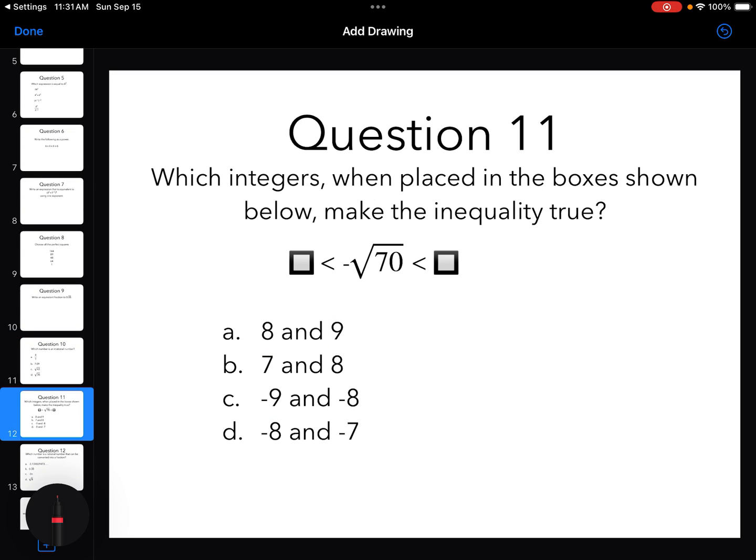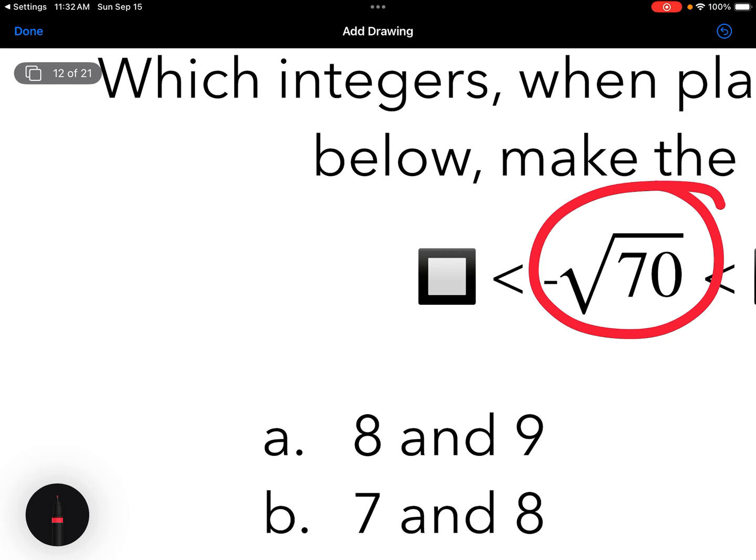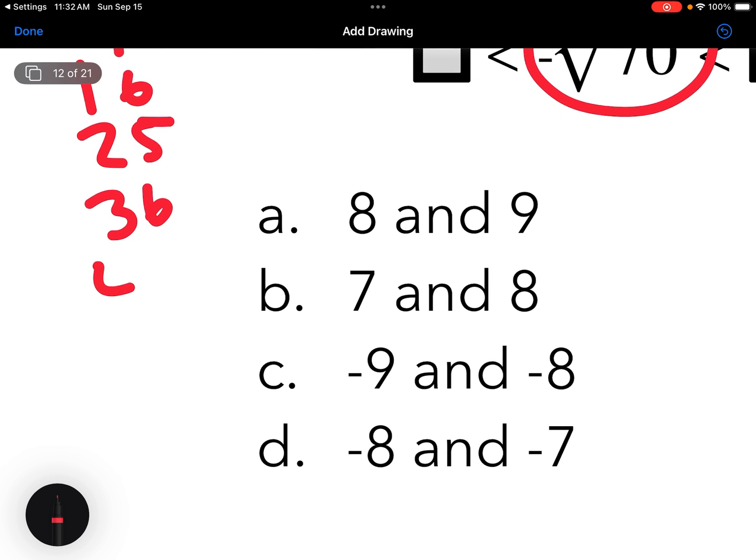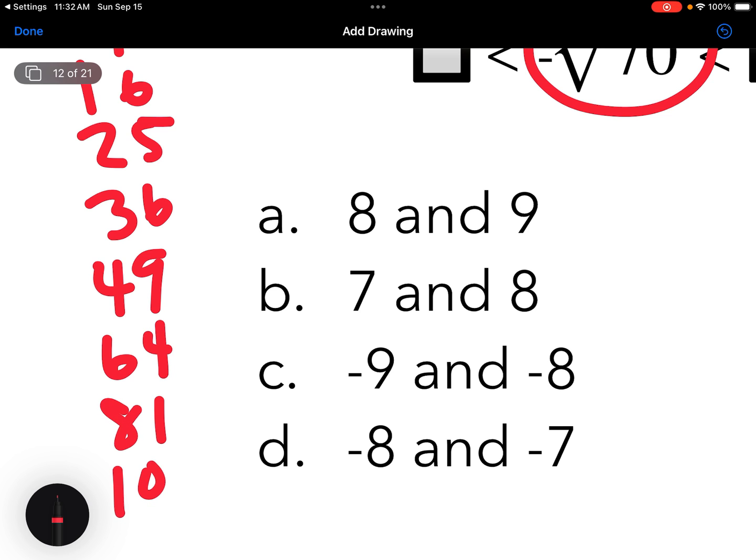For this one, they want to know which integers, when placed in the box shown below, will make this inequality true. So we've got negative 70. We've got the square root of negative 70. So if I'm trying to think of my perfect squares, I know that I have 1, 4, 9, 16, 25, 36, 49, 64, 81, 100.